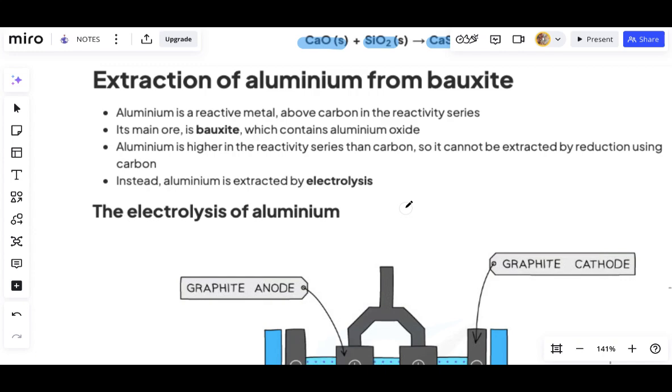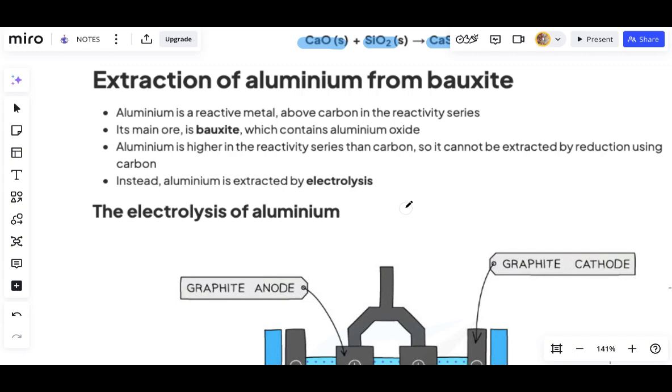Because it's among the most reactive elements in the reactivity series. If you are above carbon in the reactivity series, you'll be extracted using the electrolysis method. Potassium, calcium, lithium, sodium, magnesium, aluminium, all of these are extracted using electrolysis.